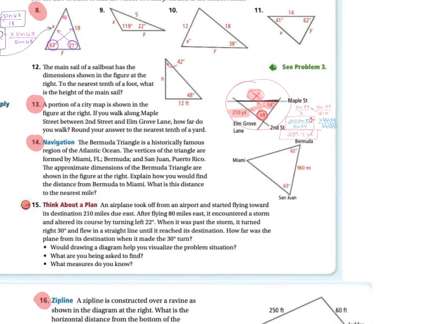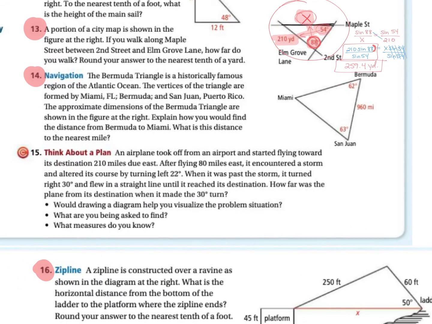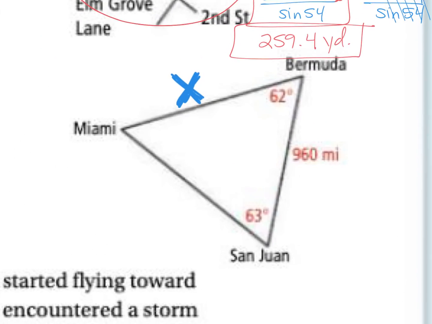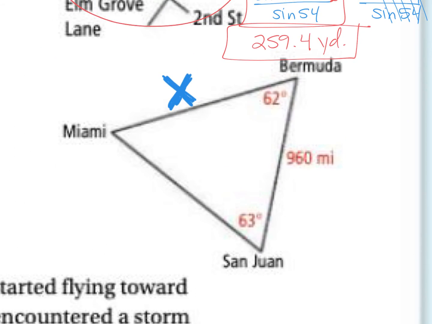Okay, number 14. They tell you you have this Bermuda Triangle set up. We want to know the distance from Bermuda to Miami. Okay, so we're trying to find x. First of all, do you have enough information to be able to do that as you see it right now? No, okay? You have a side, but no angle across from it. And you have an angle, but no side across from it. So we have to find one of those missing pieces.